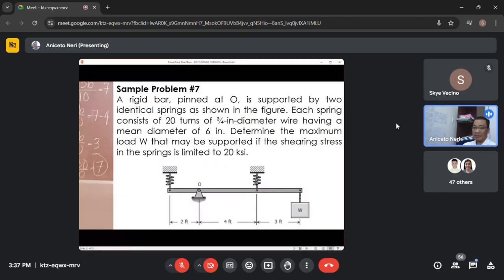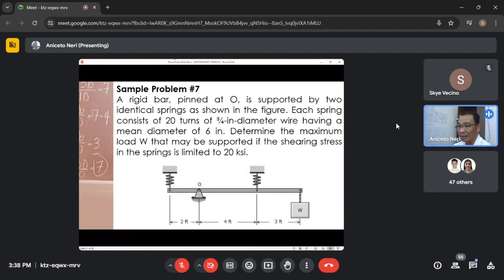Each spring consists of 20 turns of 3/4 inch diameter wire having a mean diameter of 6 inches. Determine the maximum load W that can be supported if the shear stress in the springs is limited to 20 ksi. Okay.